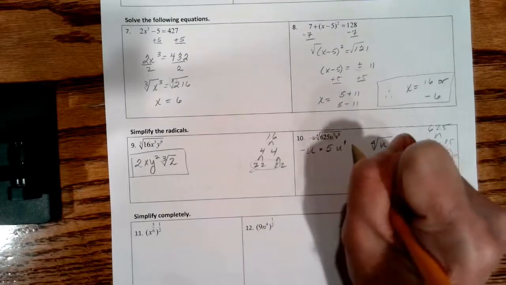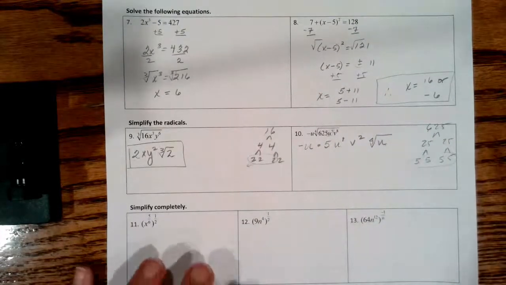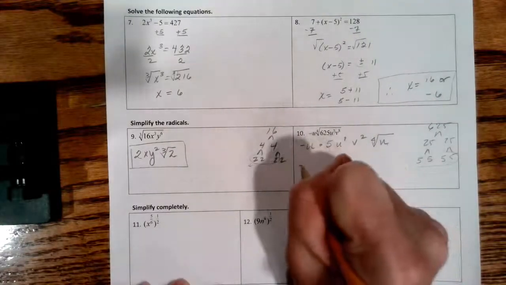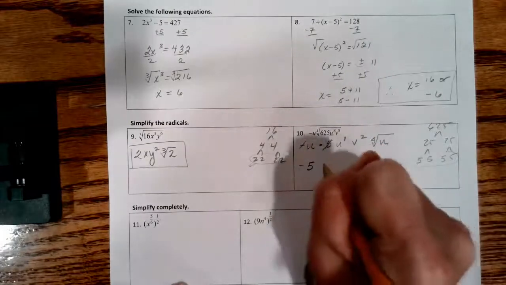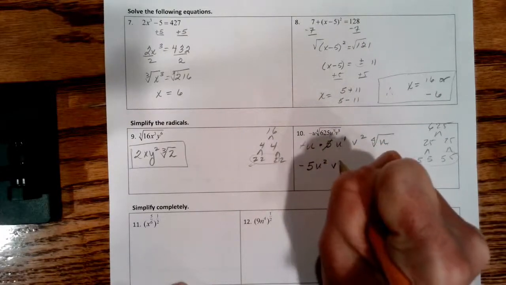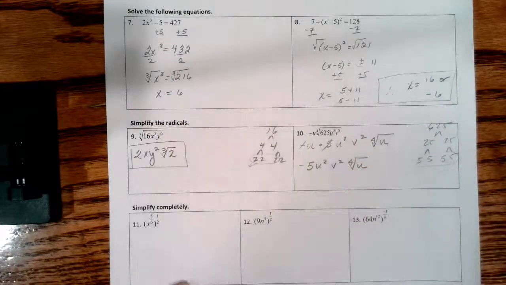And if I have 8 v's, I get 2 groups of 4. So when I simplify this and put this together, it's negative 5. That takes care of those 2. u squared, v squared times the 4th root of u.